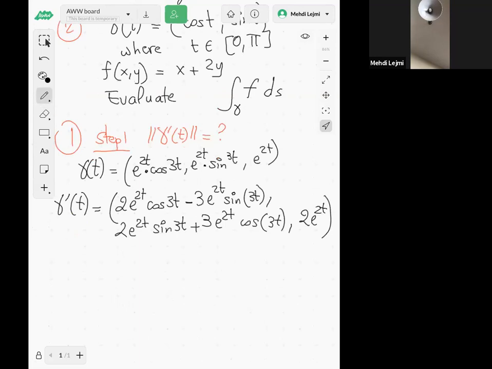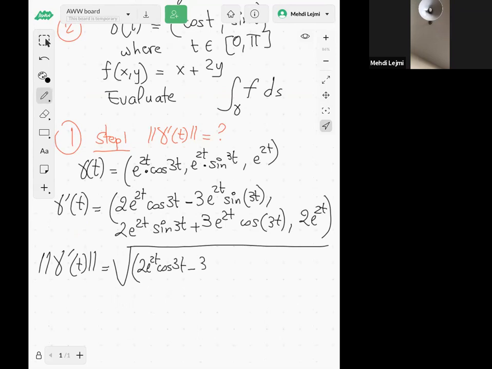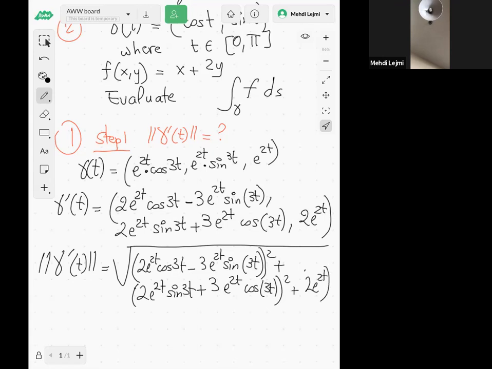Now if you take the length of gamma prime of t, that will be a square root of this, 2 exponential 2t cosine of 3t minus 3 exponential of 2t sine of 3t, squared, plus, well, this is going to be a long square root, 2 exponential 2t sine of 3t plus 3 exponential 2t cosine of 3t, squared.